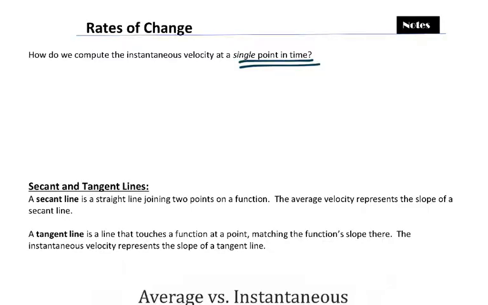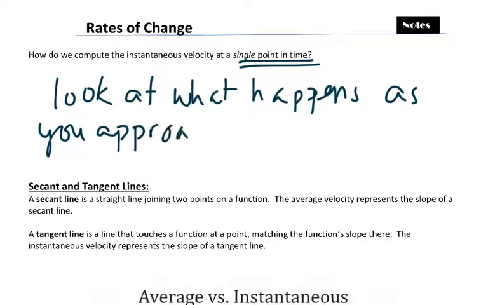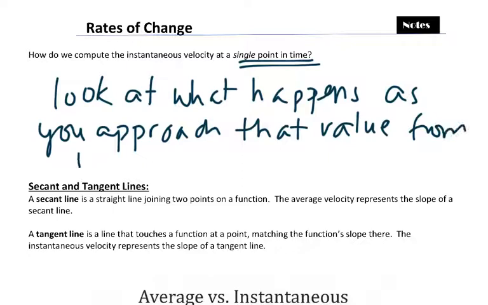Well, right now we're going to be looking at some values and we're going to look at what happens as you approach that value from left and right. And we'll talk more about what that means.